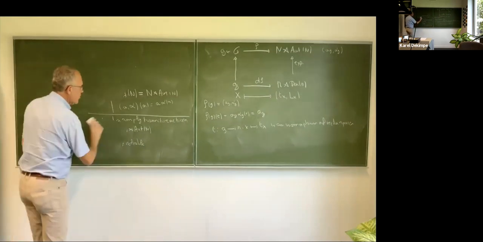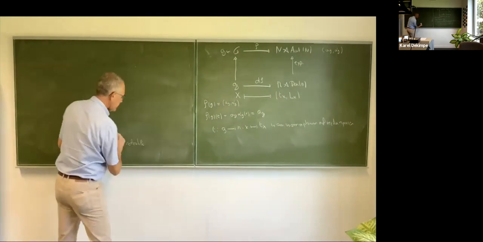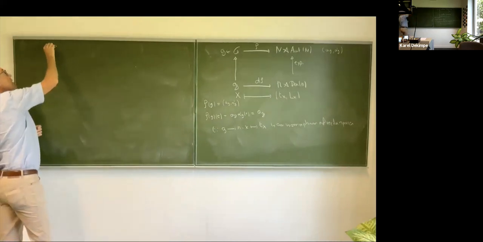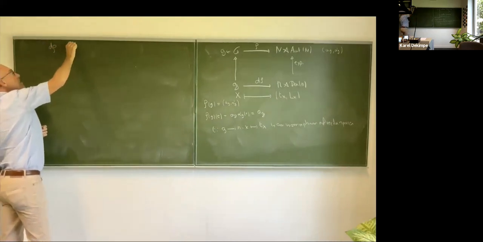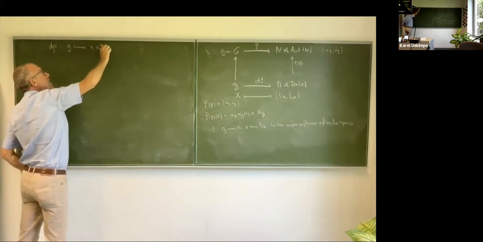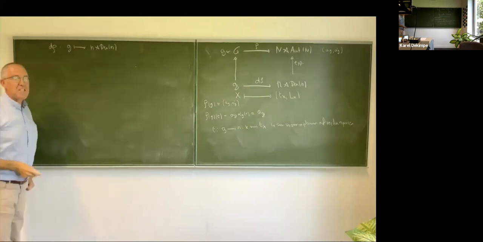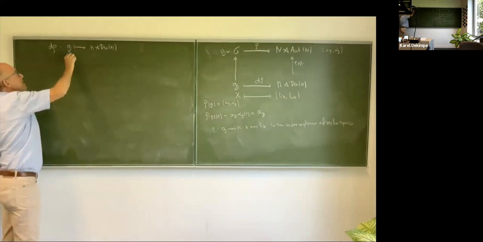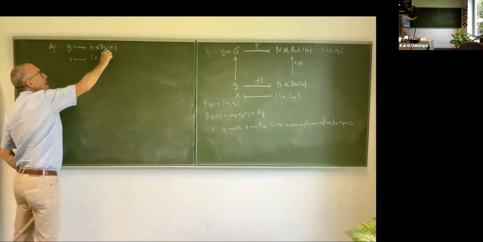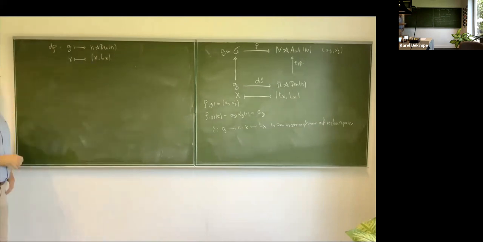So I can assume that the map rho goes from g to n semidirect derivations of n, and sends a small x to x, L of x, using the t as the identification map.